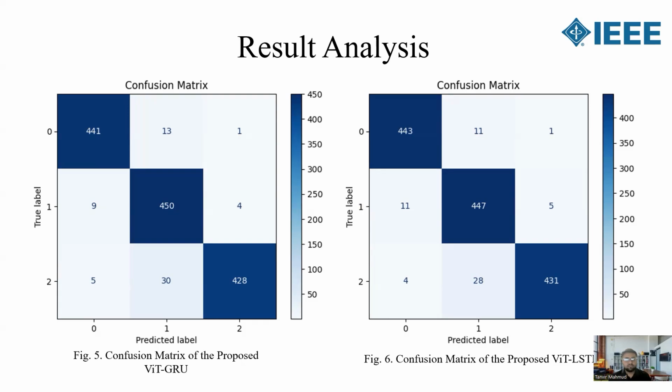The precision, recall, and F1 score were also high across all cases, particularly for COVID-19 detection, with a 97% recall rate. This result confirmed the effectiveness of integrating ViT with sequential models in medical imaging.